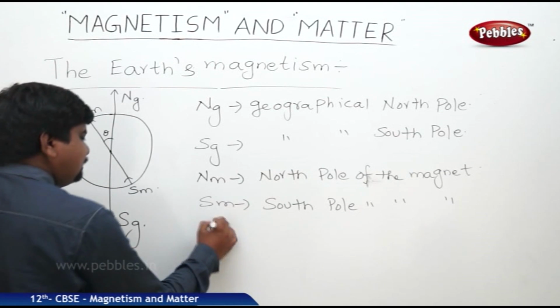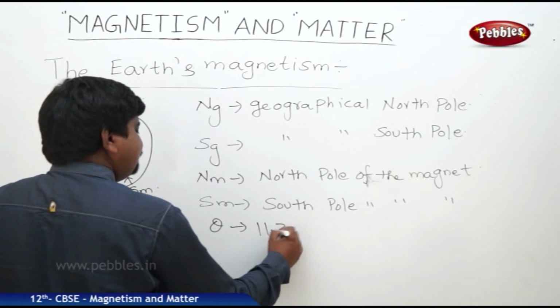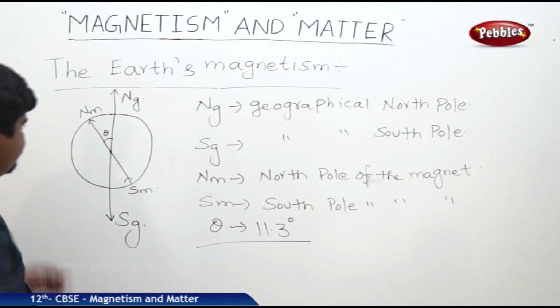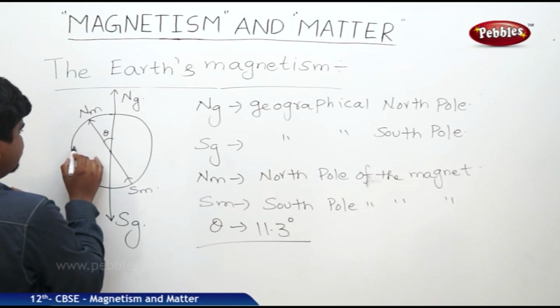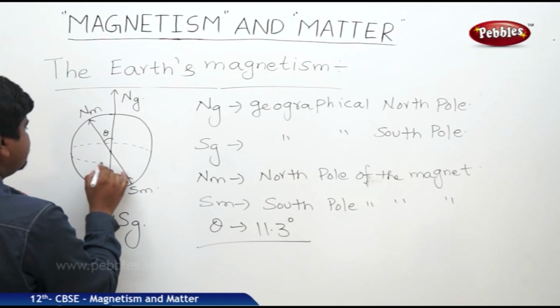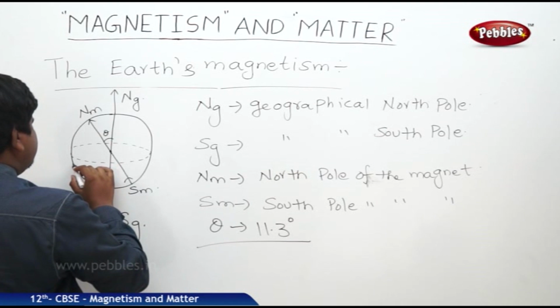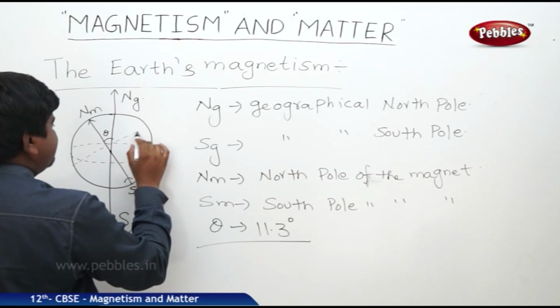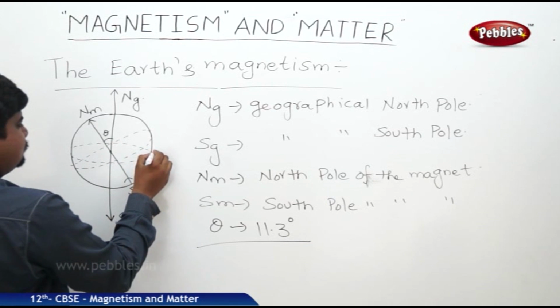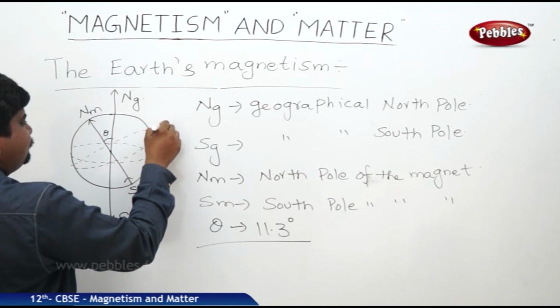This theta will be approximately 11.3 degrees, the angle of declination. So if you want to see this, this is the geographical equator, this is the magnetic equator, GM.